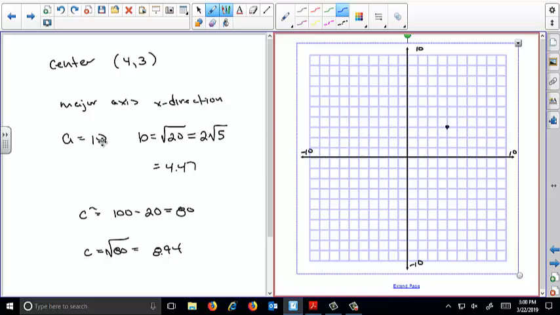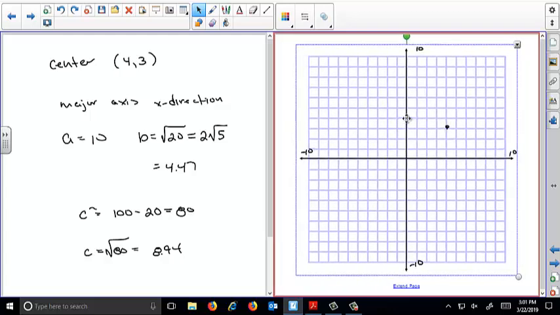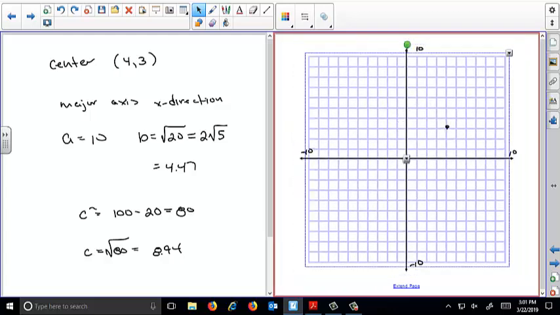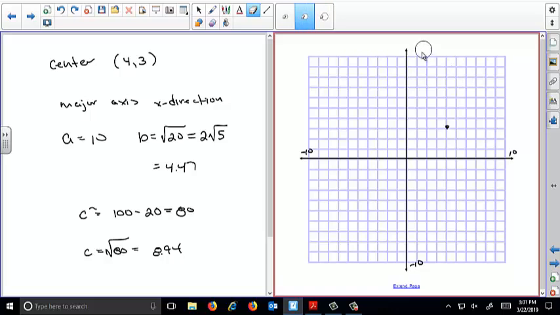So A is 10. Ooh. Yeah, I'm going to run out of space, aren't I? Well, let's move the axis over here. Oh, I can't do that. It's not going to work. Yeah, I'm actually going to have to change the scale here because I'm going to go off my graph. So let's say that's 20, this is 20, this is negative 20, it's negative 20.